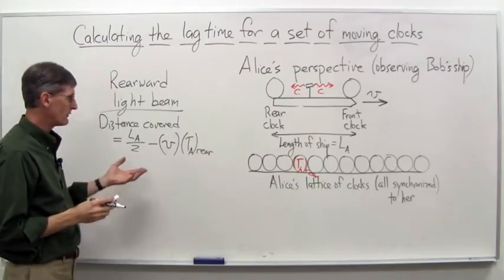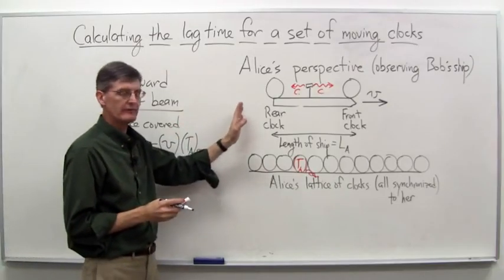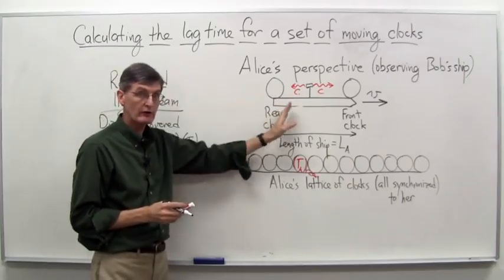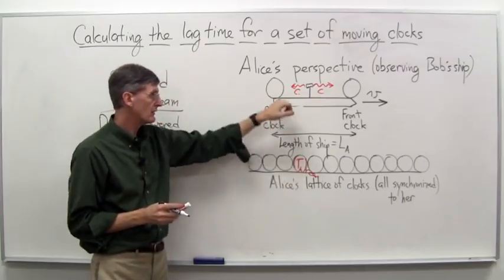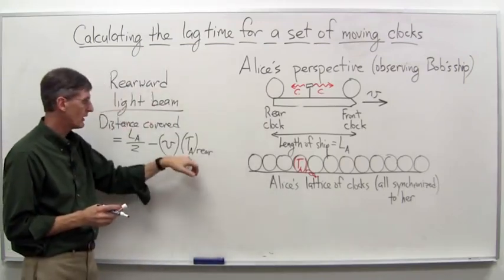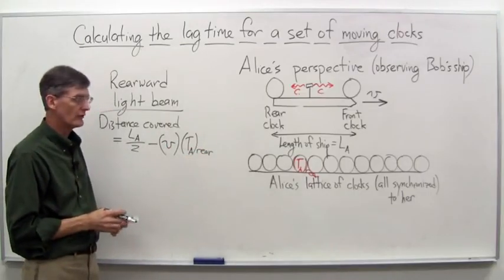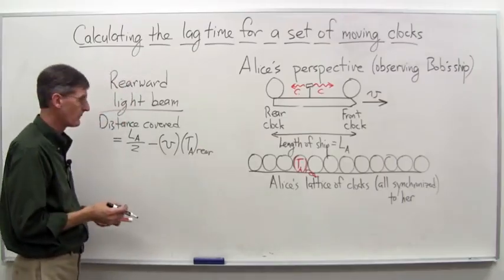That's a little unfamiliar to you. Just ponder that a little bit. It's clearly half the length of the ship, but the rear part is moving forward. Well, how far does it move forward in the given time until this is triggered and it hits the rear clock there? It's simply the velocity of the ship times that amount of time. Okay, so that's the distance covered.